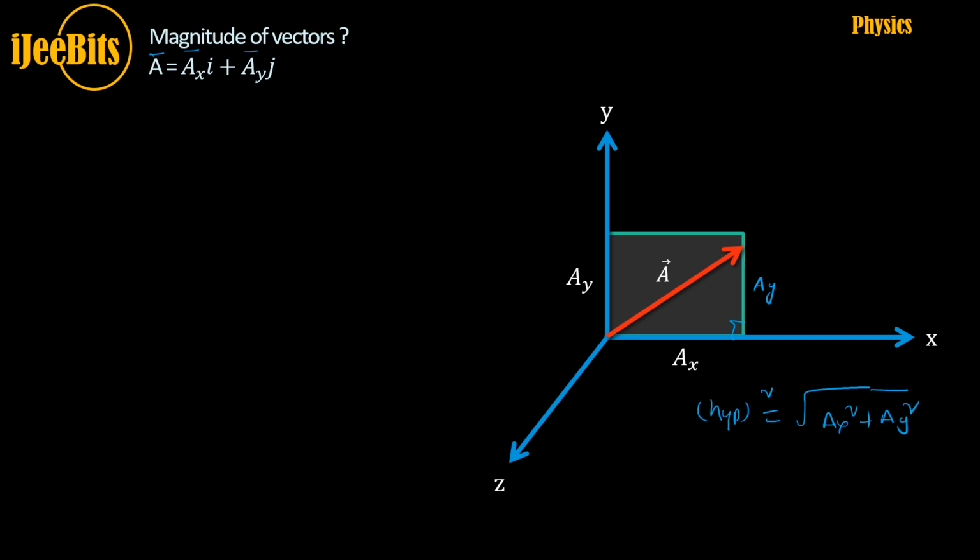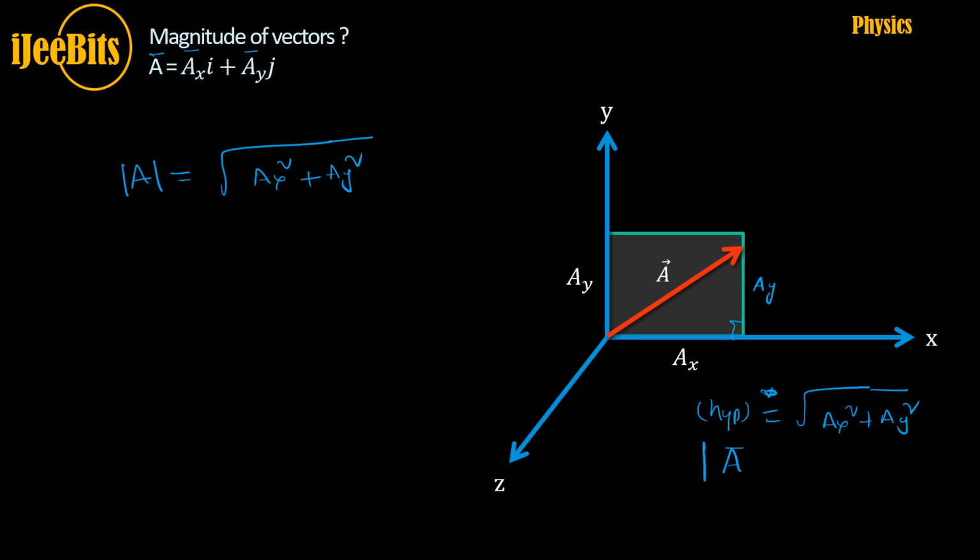This is your resultant vector, in our case a. So you have to remember, magnitude of a will be square root of I component square plus j component square, x square plus y square is nothing but your magnitude.